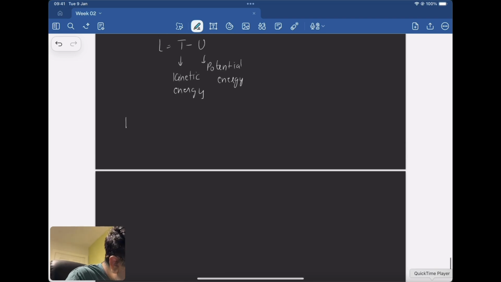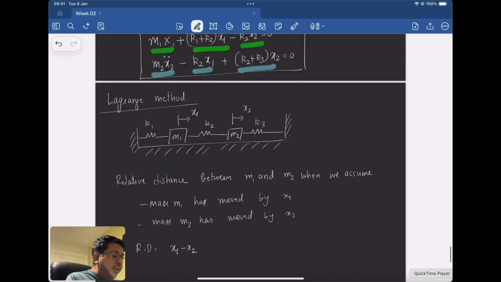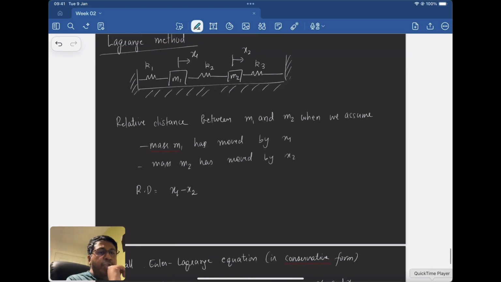We have two masses, m1 and m2. So half m1 into x1 dot square, similarly half m2 into x2 dot square. Let me explain that. m1 has moved by some distance x1, but it's also moving at some velocity. The velocity of m1 is the rate of change of position, d by dt of x1.